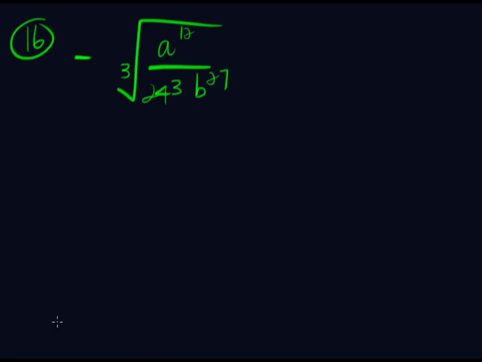Next we have the negative cube root of a to the 12th divided by 243 b to the 27th. Now, I will again show you how my brain works here. It looks at the cube root of every part of this expression.